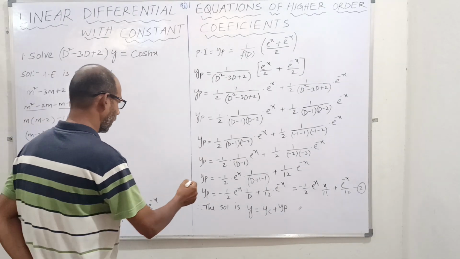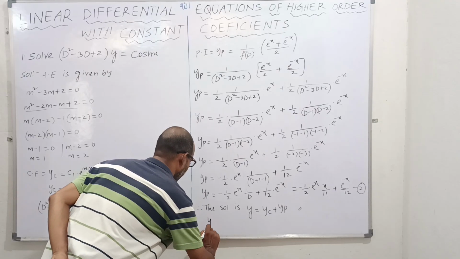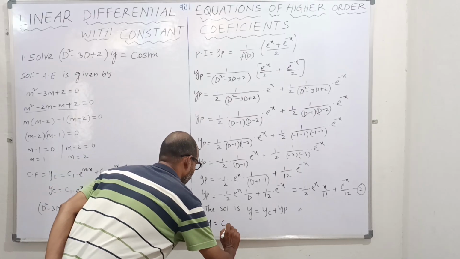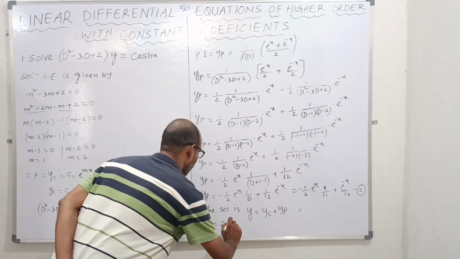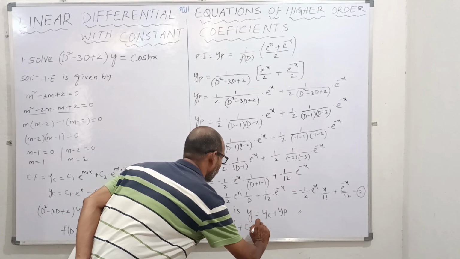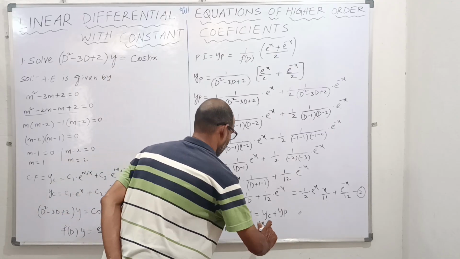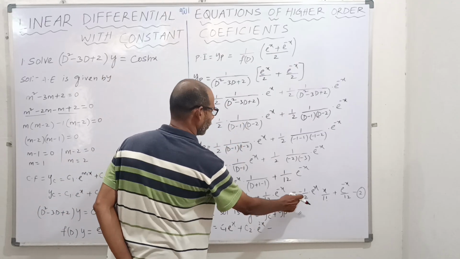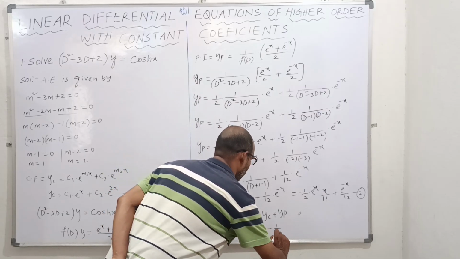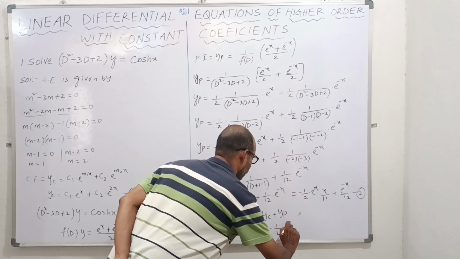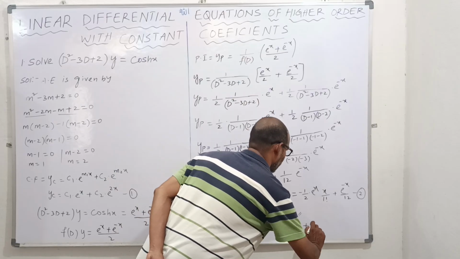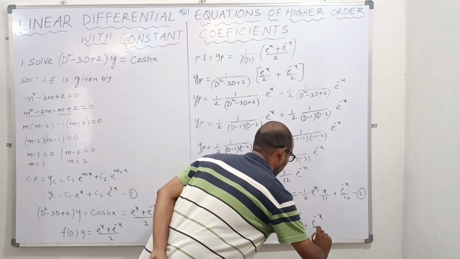So therefore, we can write it as y is equals to, yc is how much? c1 into e power x plus c2 into e power 2x plus, so plus here we have minus, so we will put minus 1 by 2 e power x into x. So x by 1 factorial is 1 plus e power minus x.